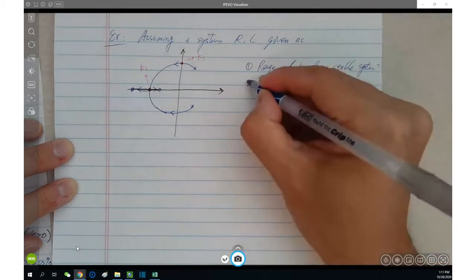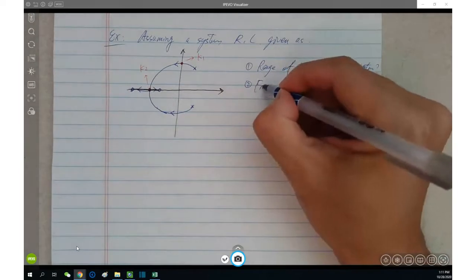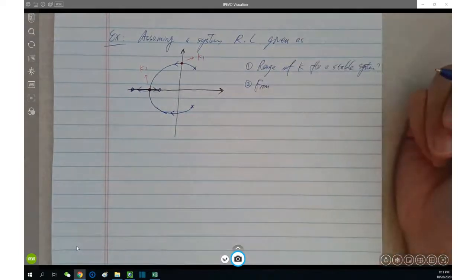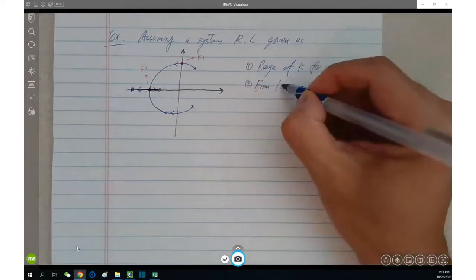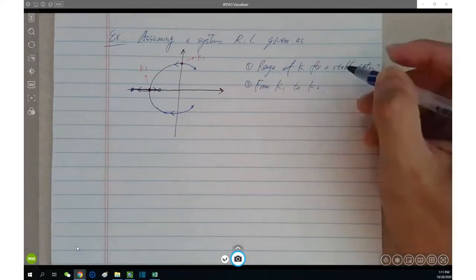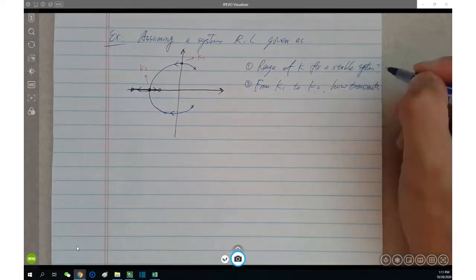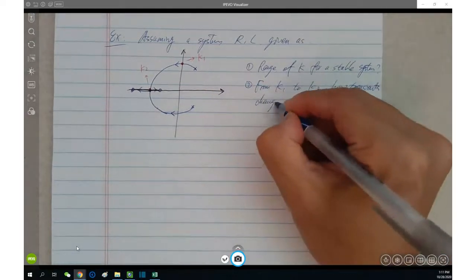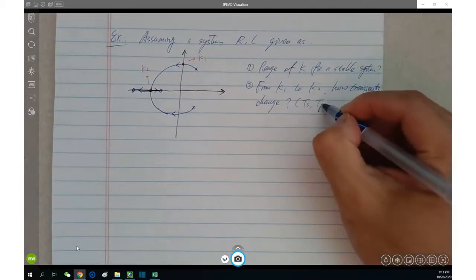The second question is, assuming you are moving along the root locus from K1 to K2, how do all the transients change? And transient means TS, TP, and overshoot.